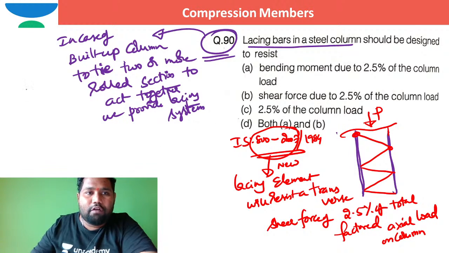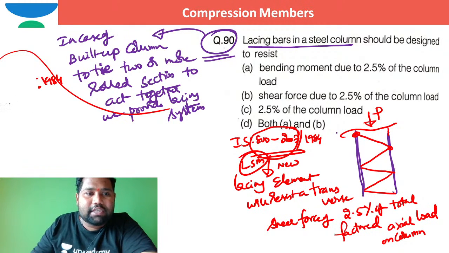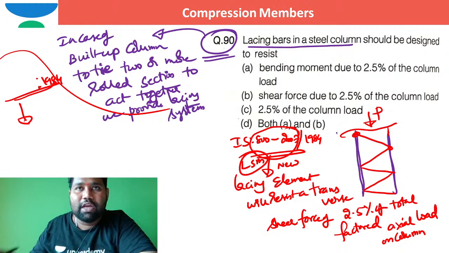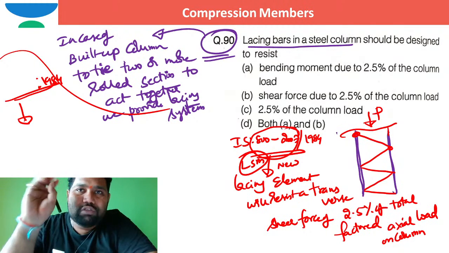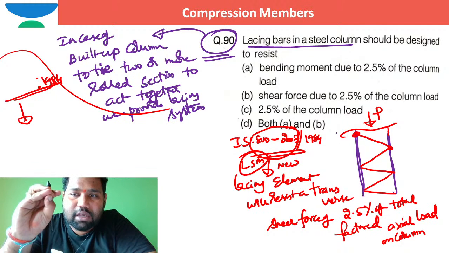The old code of practice is based on the working stress method, whereas the new one is the limit state method. As per the working stress method, the answer is one and the same, but instead of total factored load, we don't use factored loads in working stress method. We take the load that is actually coming on the structure, which people call the service load.